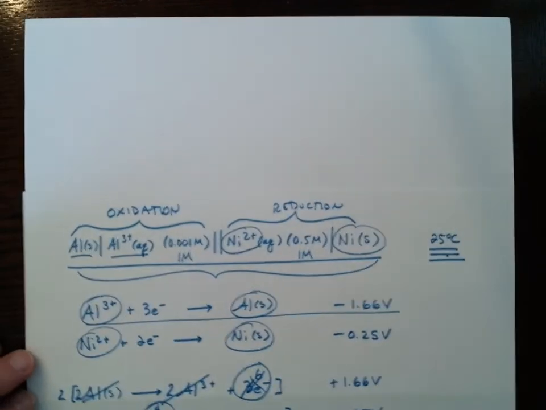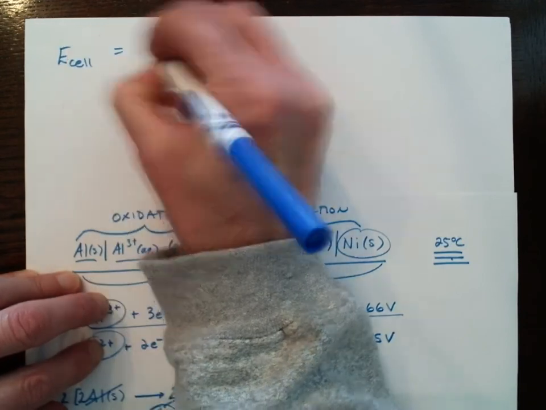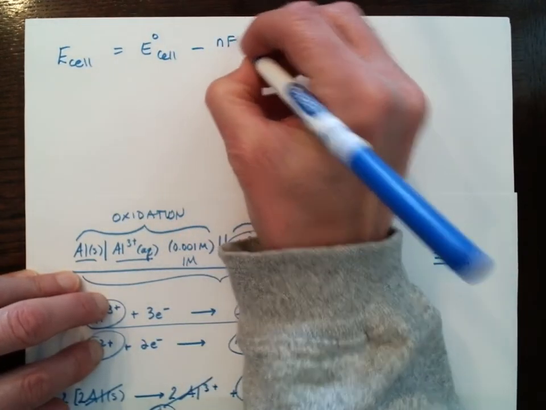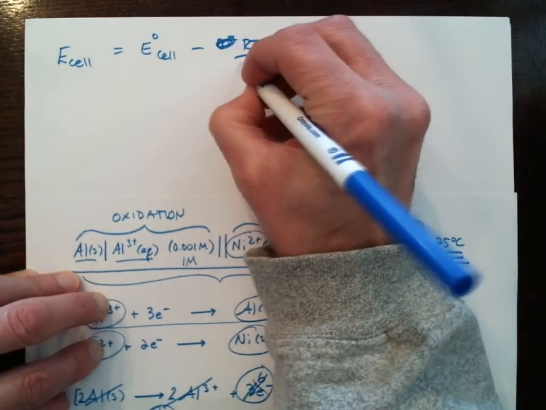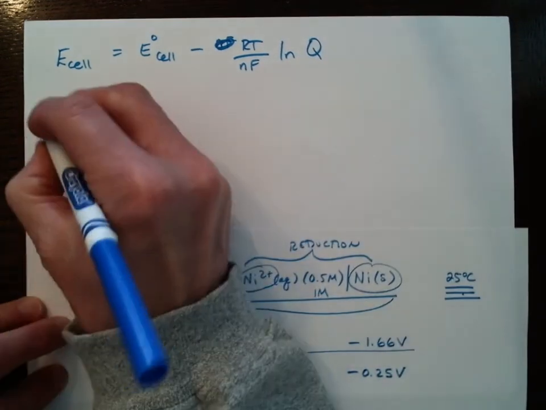So let's see. I'll just write it here. E cell is E naught cell, the standard cell potential, minus RT over NF times the natural log of Q. Let's start filling things in.